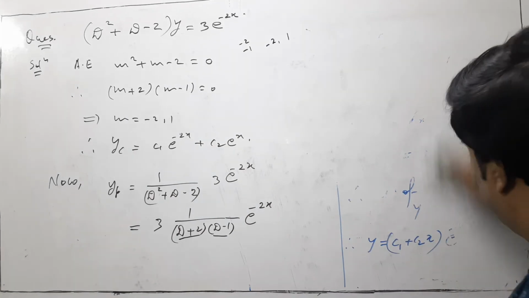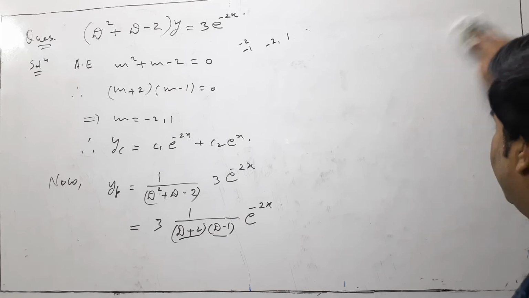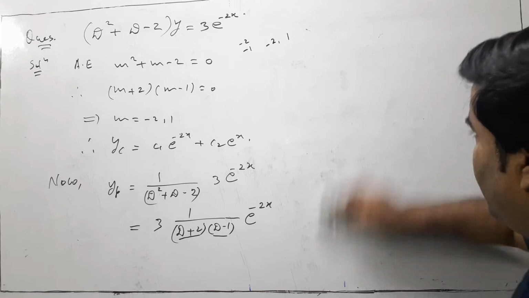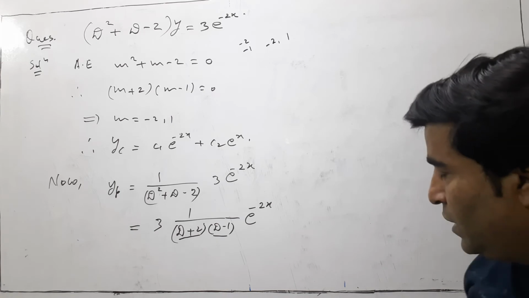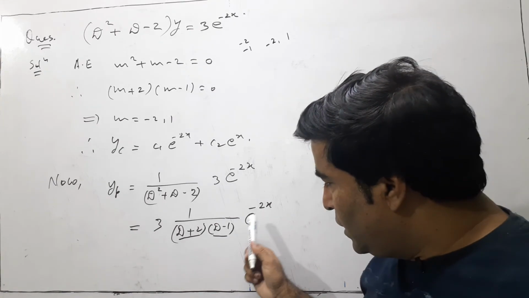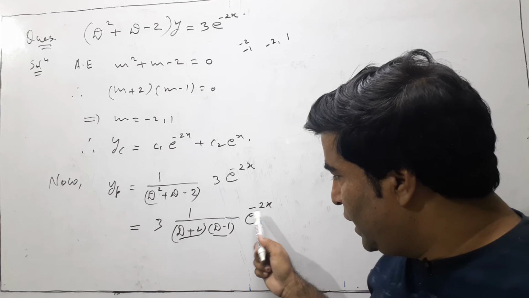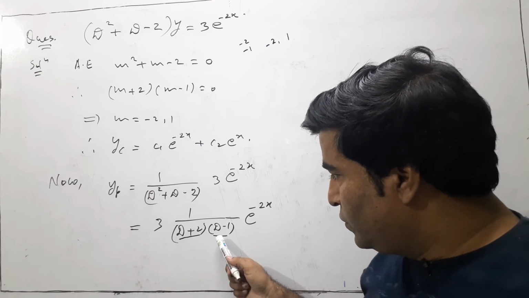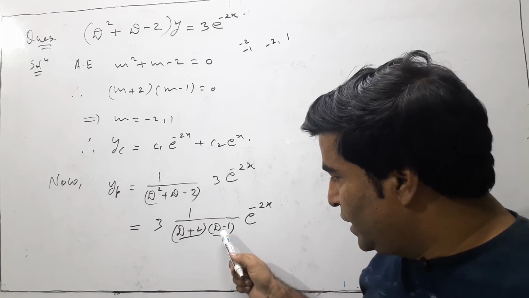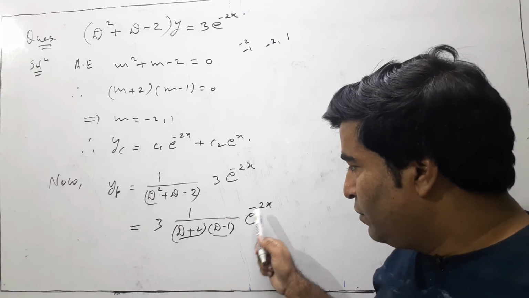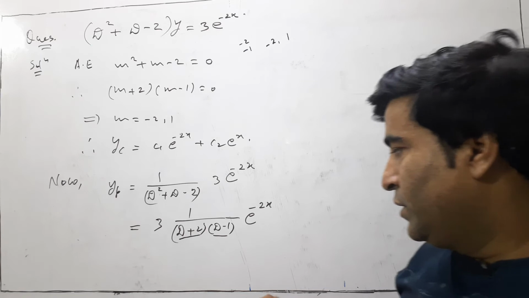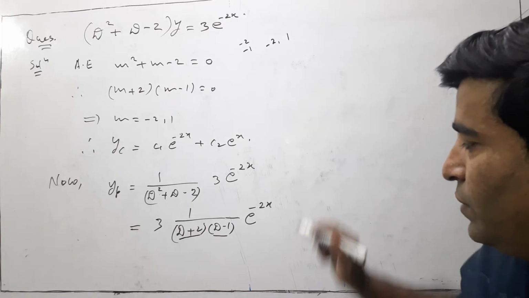So this equation, we solve like that. First of all we put D is equal to minus 2 in the factor where minus 2 does not give us 0.